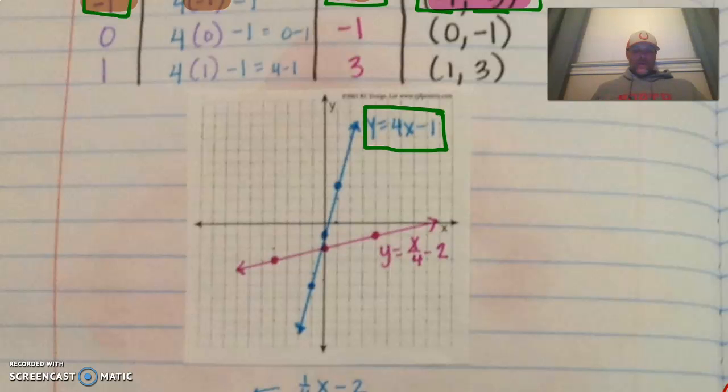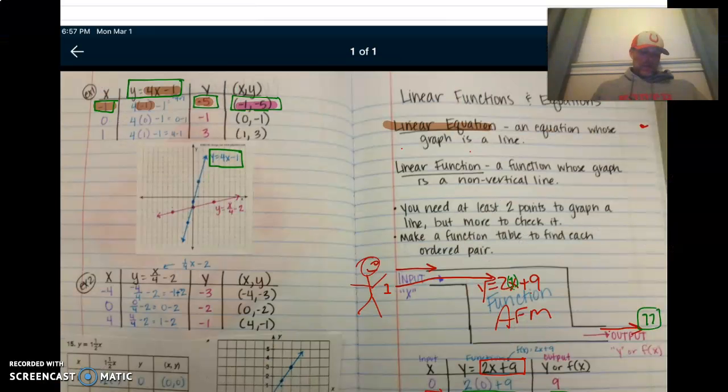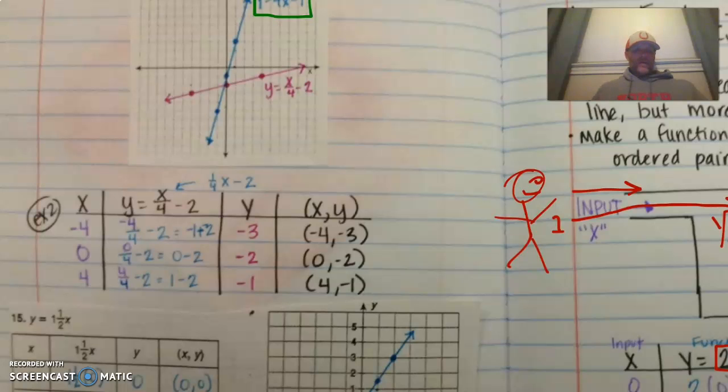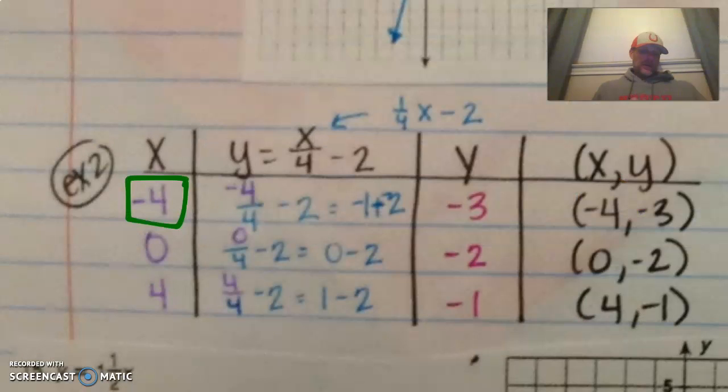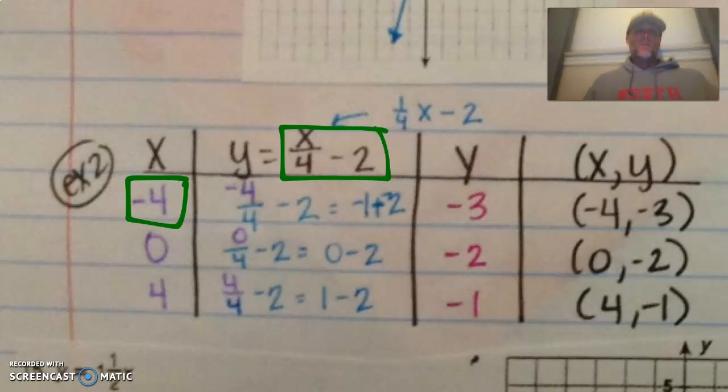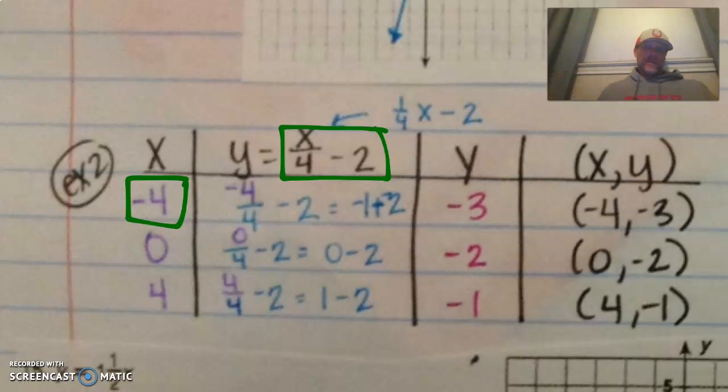Okay. And then the next one was y equals x divided by 4, which is the blue one. So you just take the x out, and we'll put the new value of x in, so negative 4. Here's the function, or the rule, and from 5th grade, this would have been the rule. The rule is x divided by 4 minus 2. Well, now we just call it a function. I don't know why, we just do.